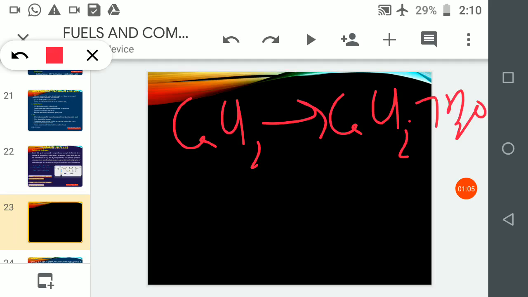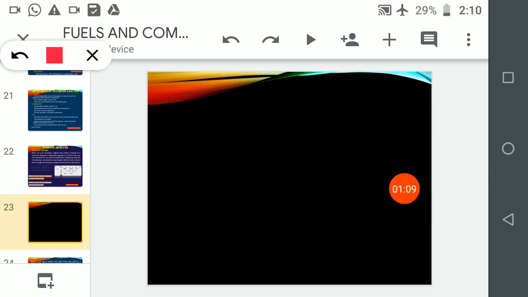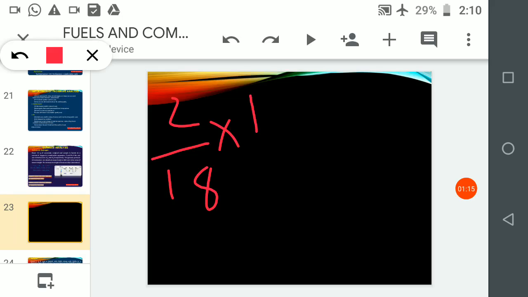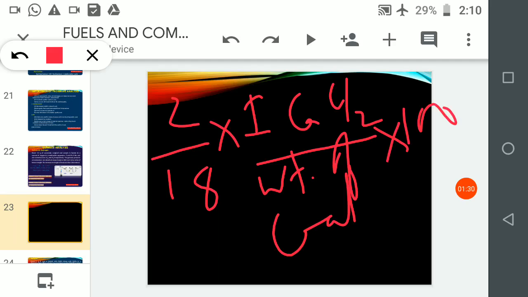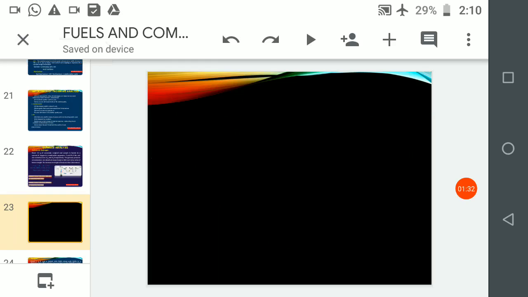So the percentage of hydrogen can be written as 2 upon 18 into increase in weight of calcium chloride upon weight of coal sample into 100. You can also see it in the reaction.